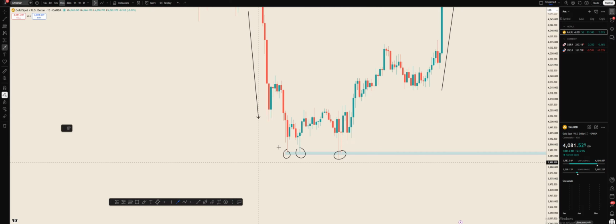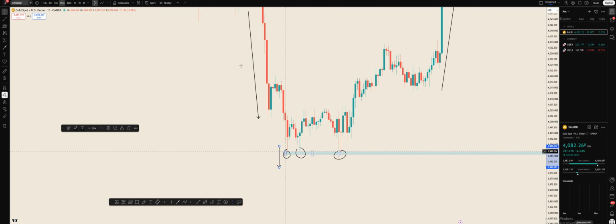Now of course we do see rejections around the wicks that you see here. I will elaborate more about them in the future, but right now you don't really have to worry about the wicks or the candles, how they are made or shaped. Right now we are just trying to understand the basics.